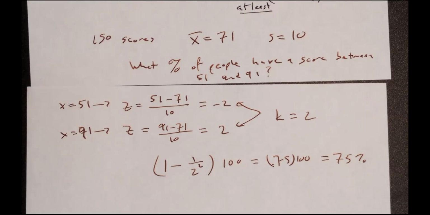At least 112 people should have scores between 51 and 91. It might be a lot more, but the more scores that are in means the fewer scores that are out. In order to have the same standard deviation, if I have a lot more in, I need to have some really far outs, don't I?